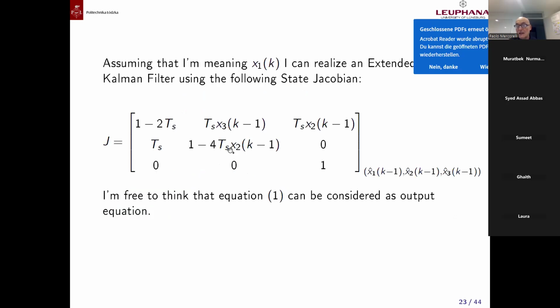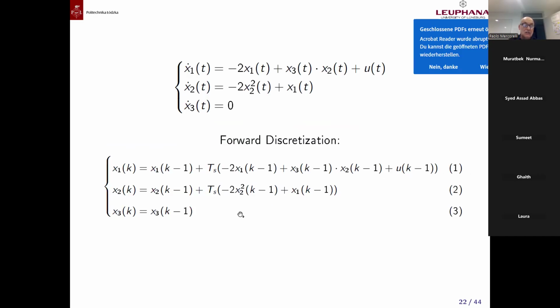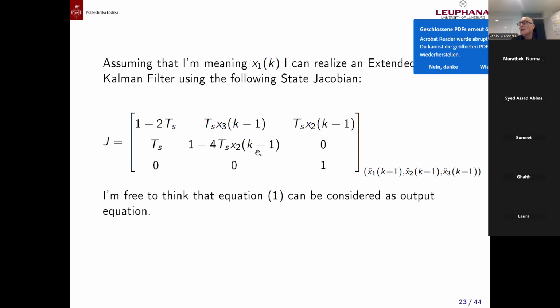This means Ts. Why this expression? Because this expression here is the derivative of x2 of k with respect to x2 of k minus 1. If you remember the definition, this means 1 minus 4 times Ts times x2 of k minus 1. If you do the derivative with respect to x2 of k minus 1, it is exactly this.